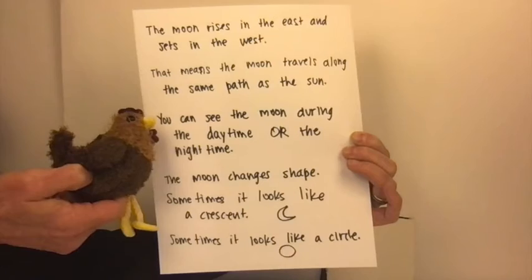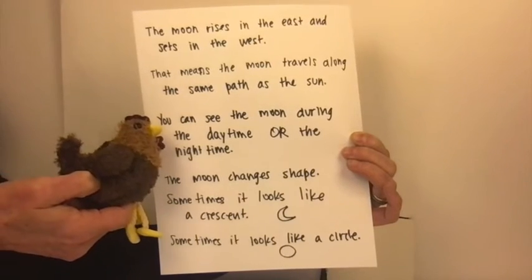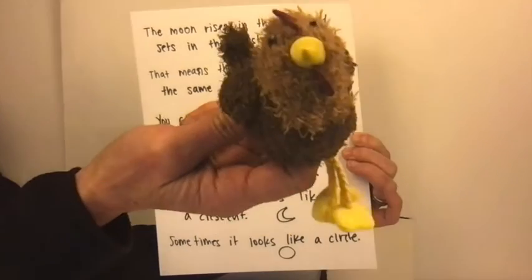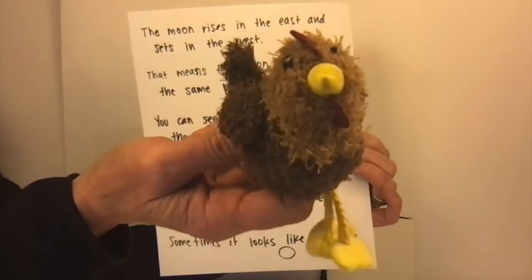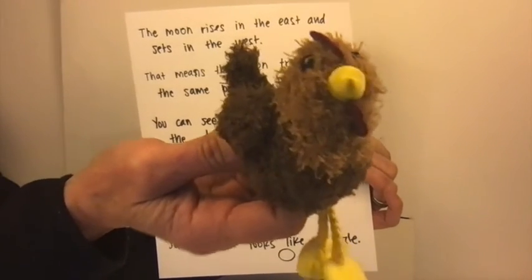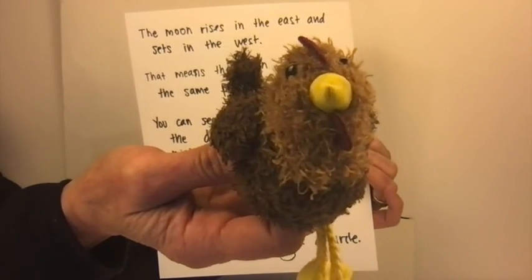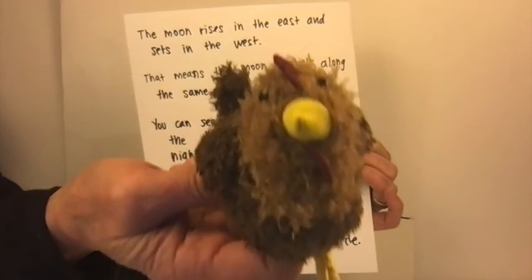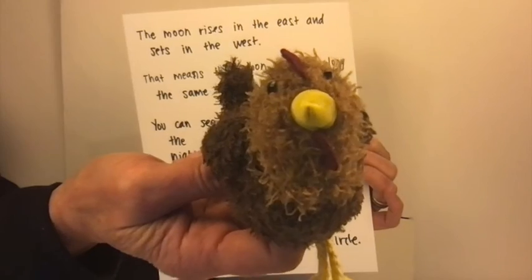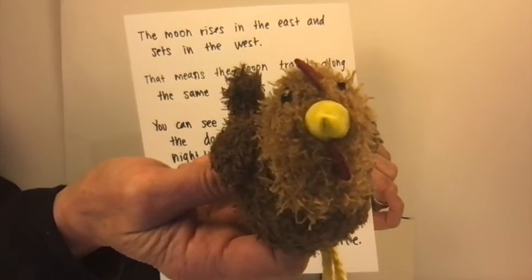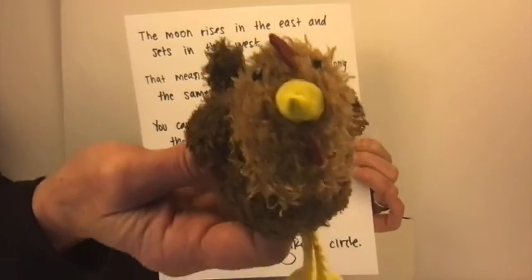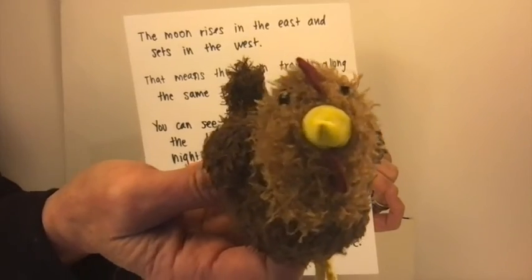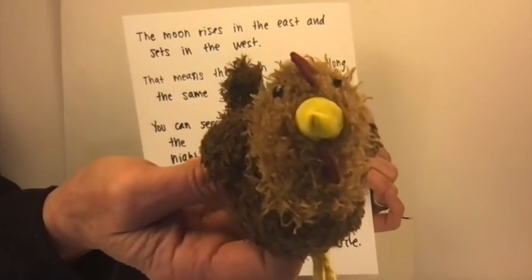You can see the moon during the daytime or the nighttime. Some people think you can only see the moon at night. It's not true. You can see it during the day too. You just have to really have your noticing eyes turned on to notice it. Because in the nighttime it's more obvious because it's so bright. But during the day you might see it too.